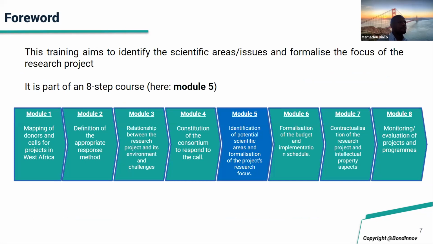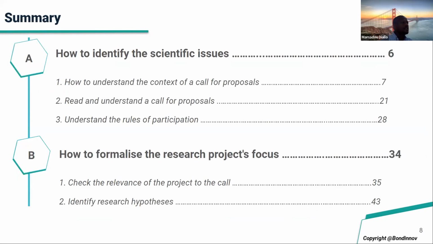So the training aim is to identify scientific areas, issues, and formalize the focus of the research project. It is part of an 8-step course. This one is module 4 that comes just after the consortium. The content is summary, how to identify the scientific issues, how to formalize the research project, focus, etc.